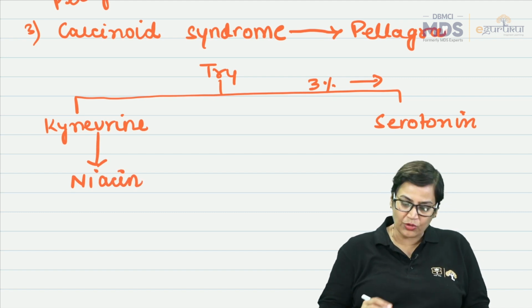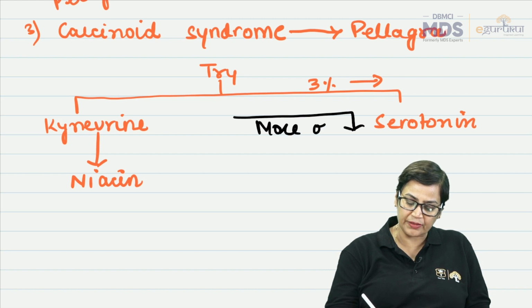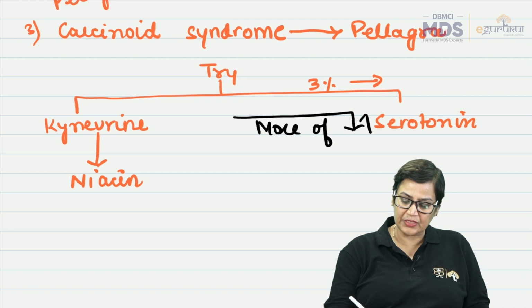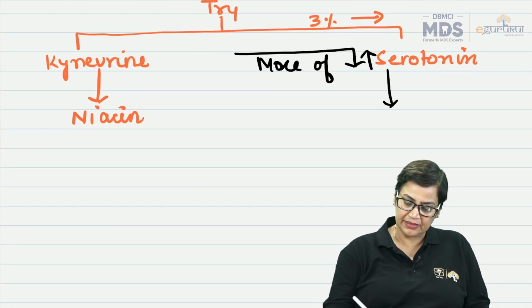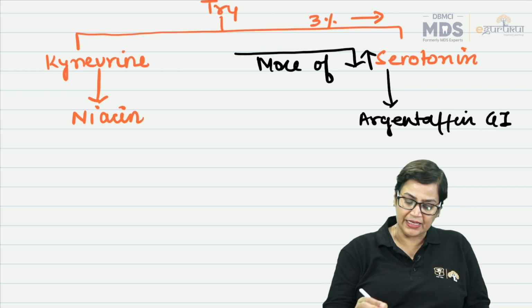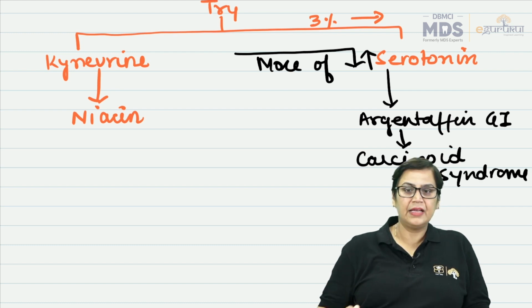Suppose tryptophan is diverted to synthesize more serotonin. What will happen? The concentration of serotonin will increase in the argentaffin cells of the GI tract, leading to carcinoid syndrome. Isn't it?